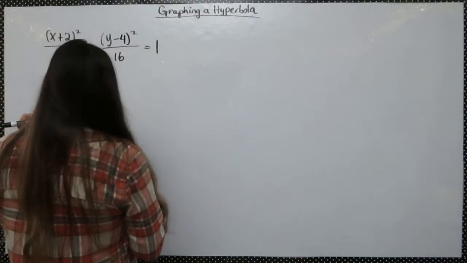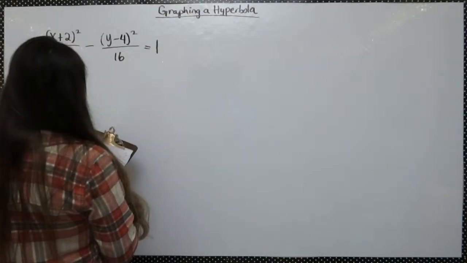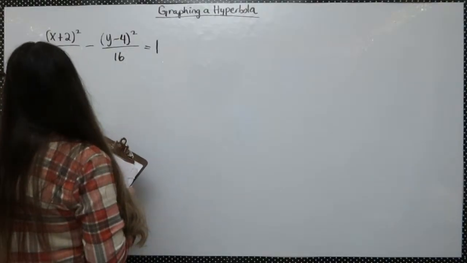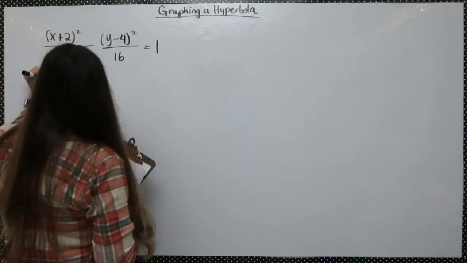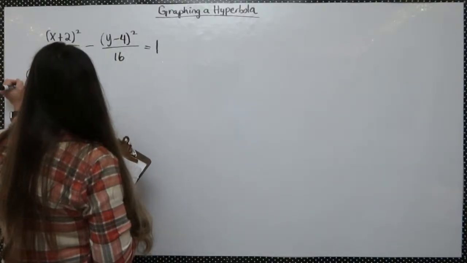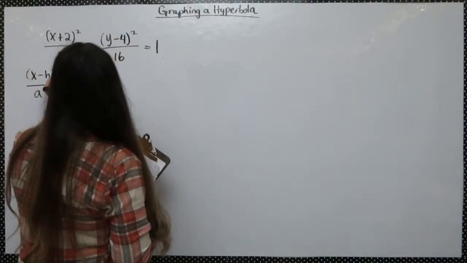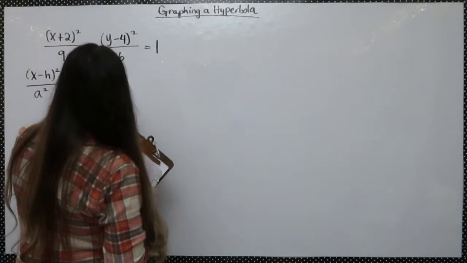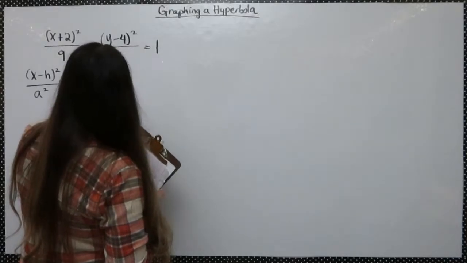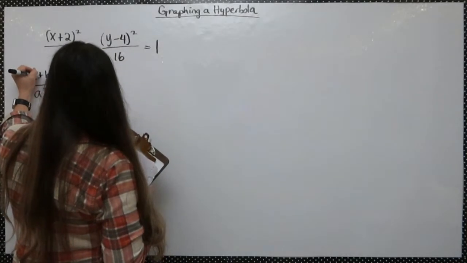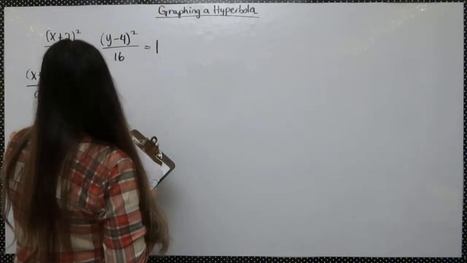So we're going to go ahead and pull out the form. It's (x − h)² over a² minus (y − k)² over b² equals 1. Wait, it's plus? I think, we'll look.